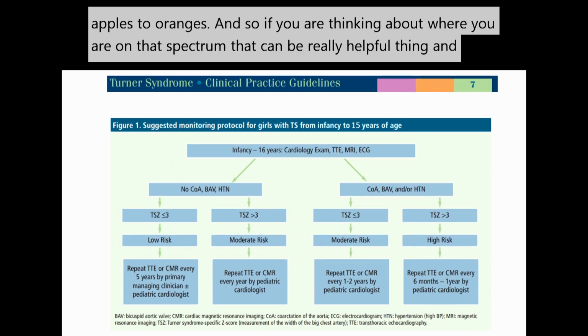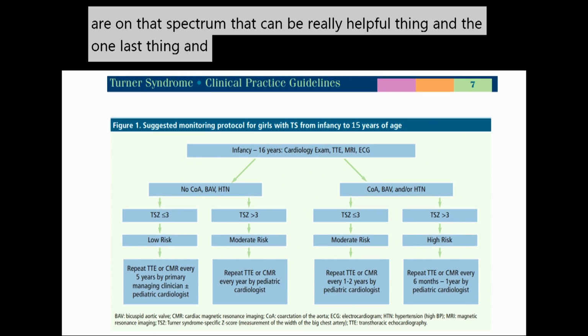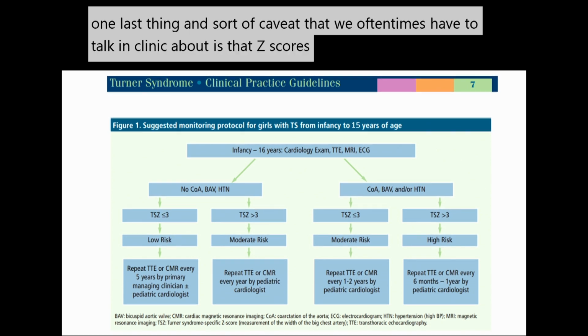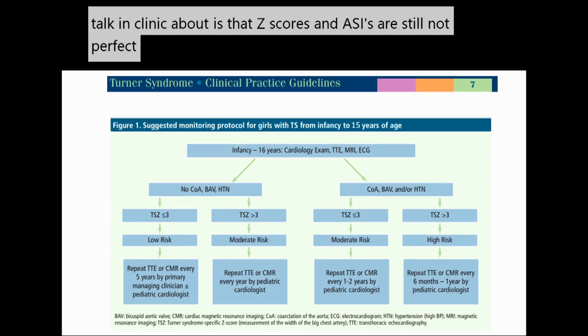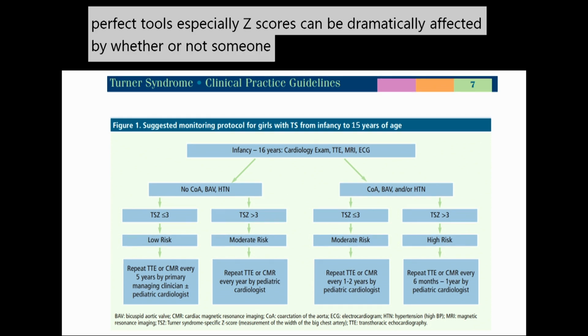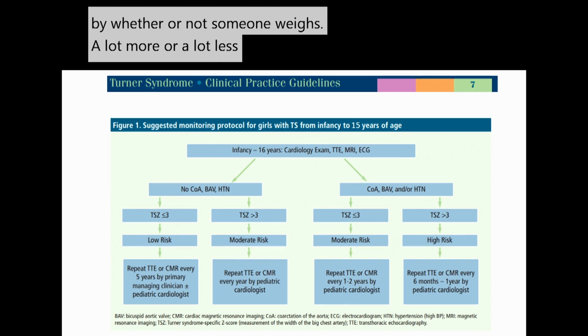And the one last thing and caveat that we oftentimes have to talk about in clinic is that z-scores and ASIs are still not perfect tools. Especially z-scores can be dramatically affected by whether or not someone weighs a lot more or a lot less than we would expect for their height.